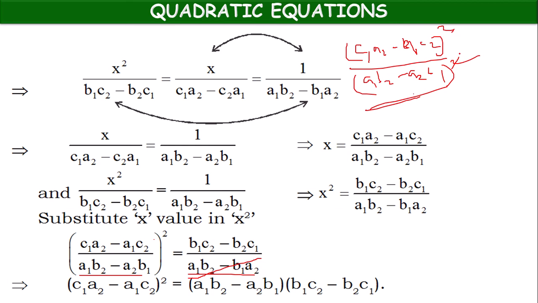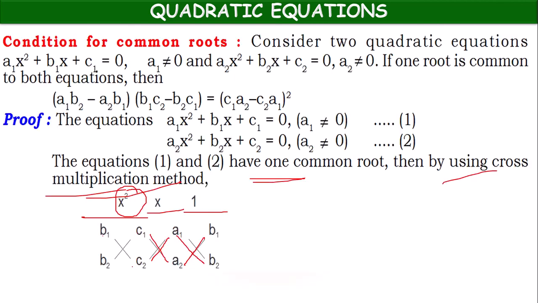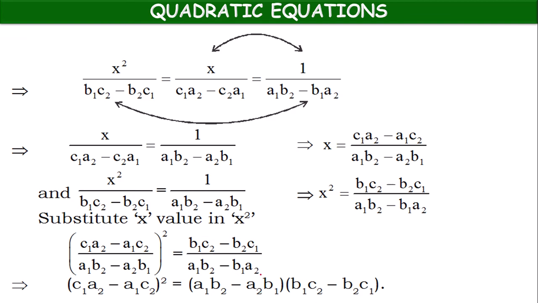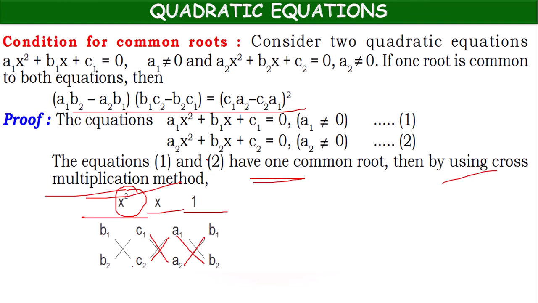This one time will go to the RHS and multiply this one. So here the square will remain, here two times it will remain. So we have got what they asked us to prove, and we have done it with the help of the cross multiplication method.